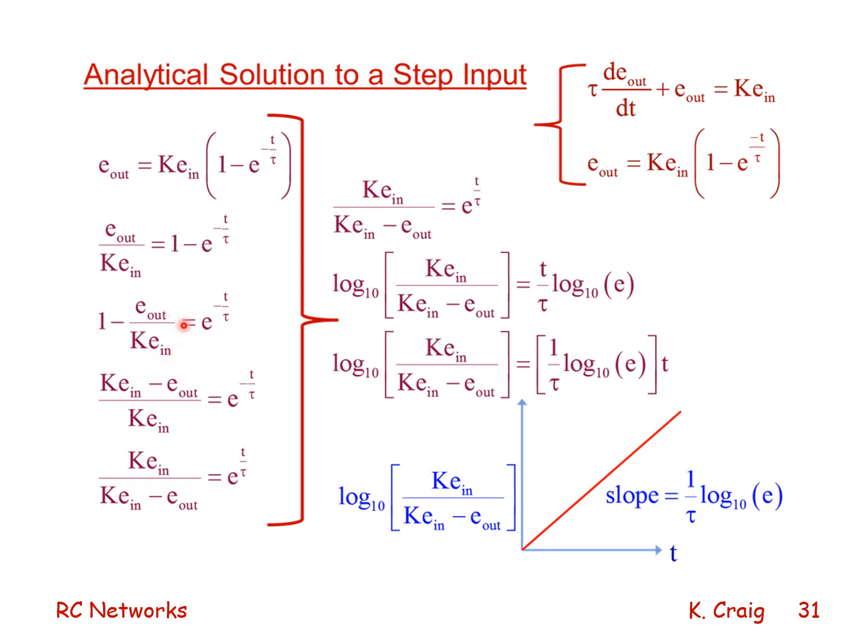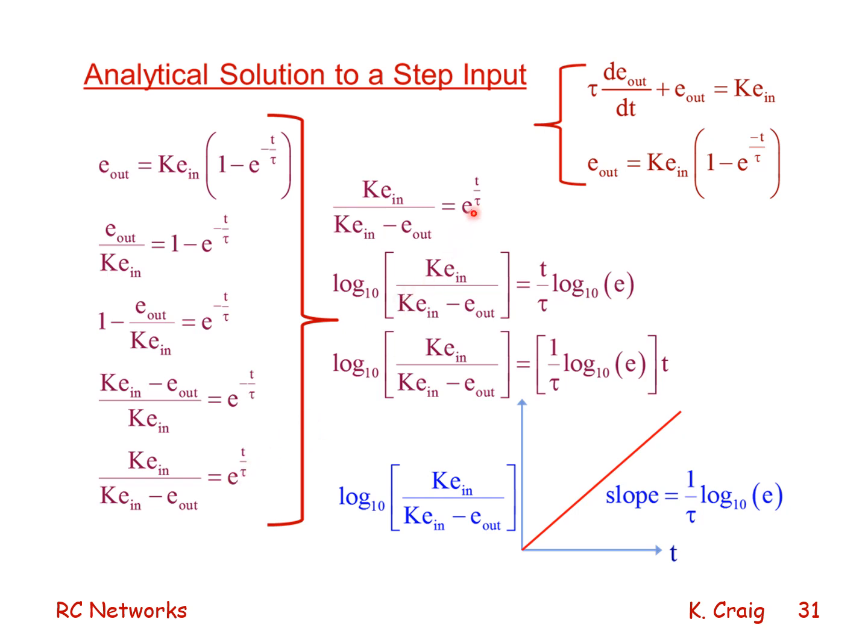I find a common denominator for this term, and then this equation results. If I then raise both sides of the equation to the minus 1 power, then this equation results. This side gets inverted, and the minus sign disappears from the exponent here.